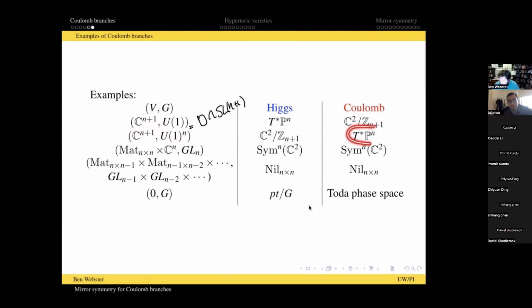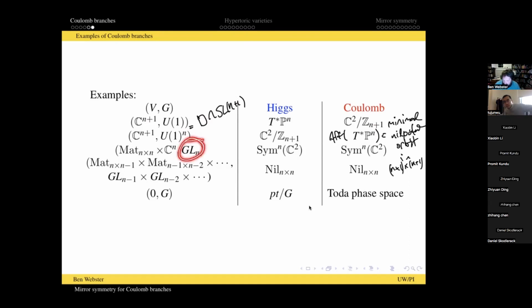And the Coulomb branch of that, I should say I've been talking about the affine one, is the affinization of T star Pn, which is a minimal nilpotent orbit in n+1 by n+1 matrices. So it has a resolution by T star Pn.